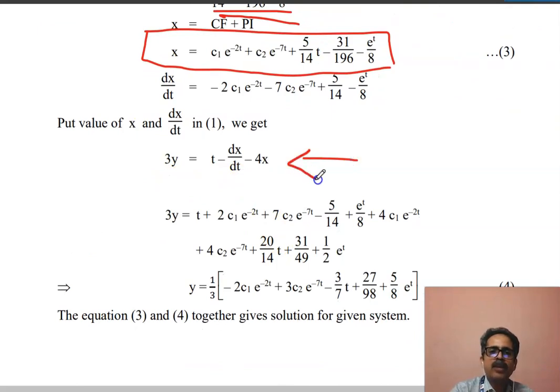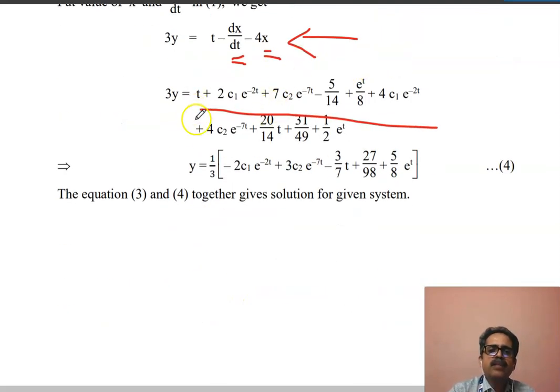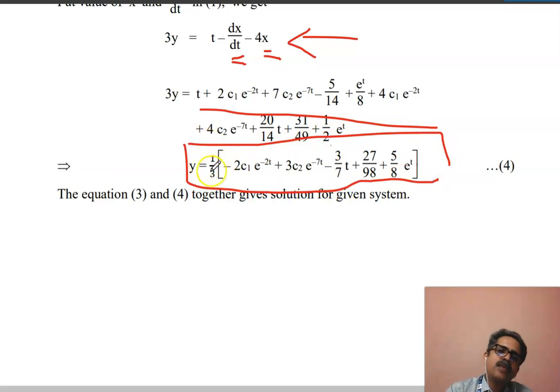First we write the value of 3y. Then we put the value of dx/dt obtained above. Then you put the value of x in the second term. Simplify the right hand side, and then you divide the right hand side by 3. We can get this equation. This equation represents the value of y in terms of t.